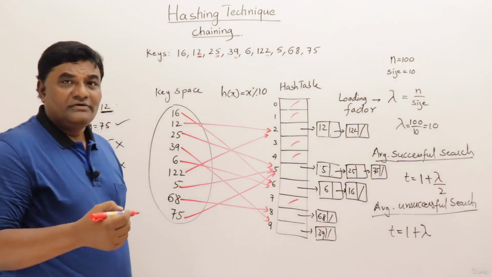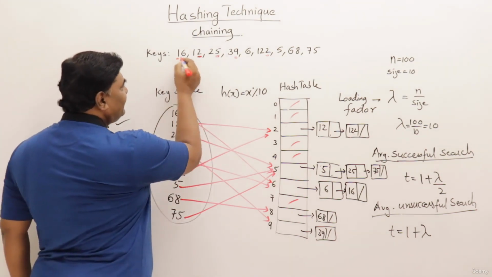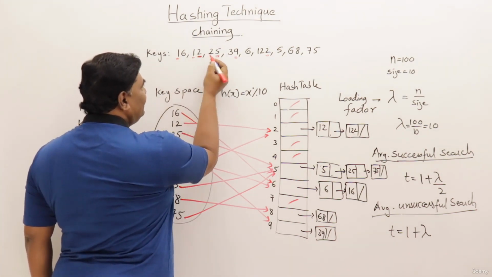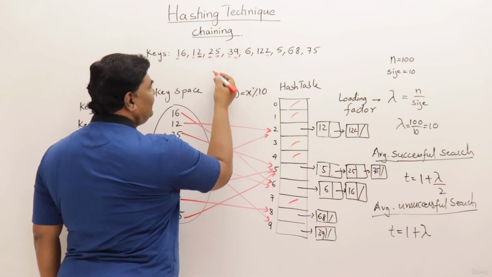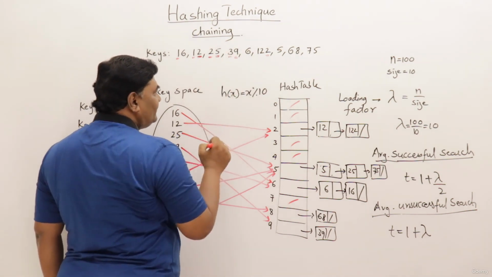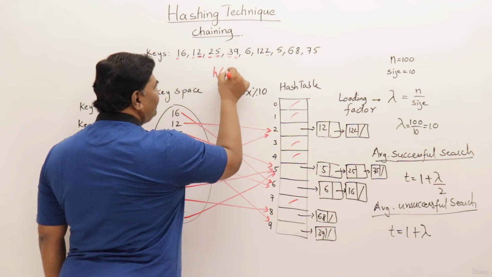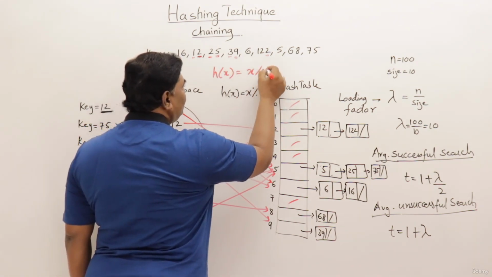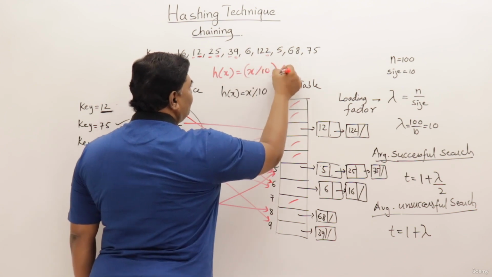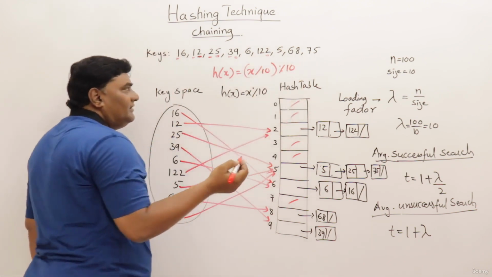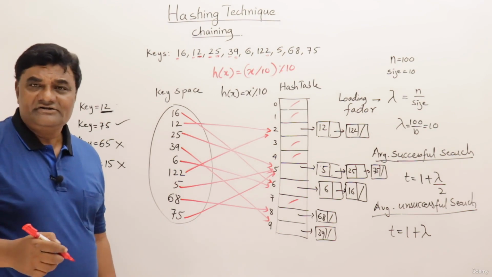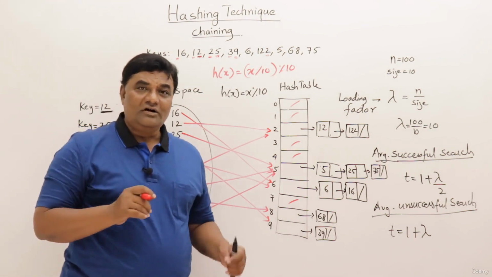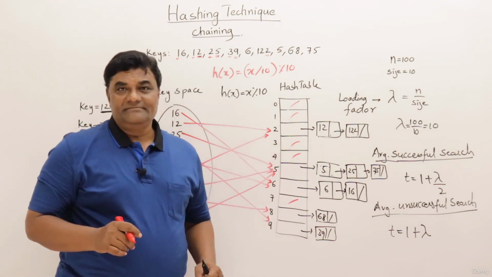If you say, no, I want to look at the second digit from the right side, the second last digit, you can write a hash function for that also. The hash function will be h of x equals x divided by 10, then mod 10. If you want, you can modify the hash function. It's not necessary that you take mod, meaning last digit only.